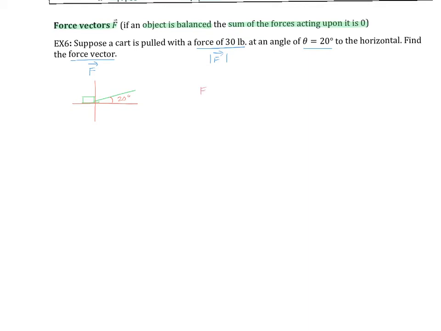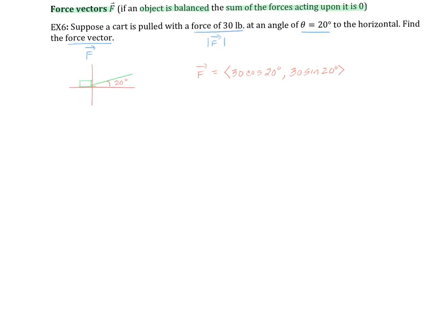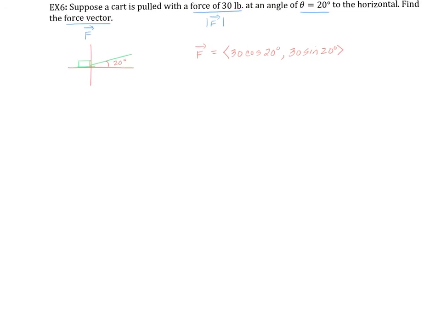So my force vector is simply, using the vector brackets, magnitude of 30 times cosine of the angle theta, which is 20, comma, magnitude of 30 times sine of 20 degrees. And now I really don't know what cosine of 20 degrees is. 20 degrees is really not anything that I recognize on the unit circle. So this is where I would stop.